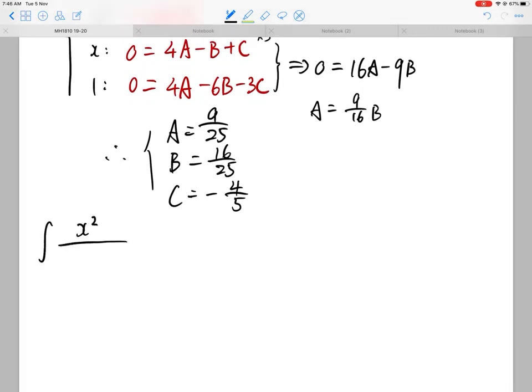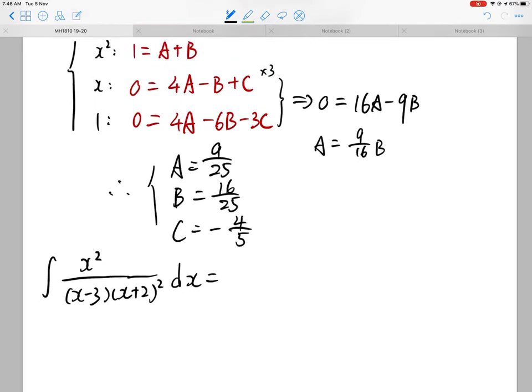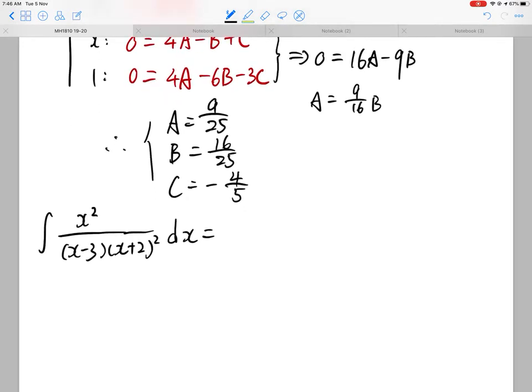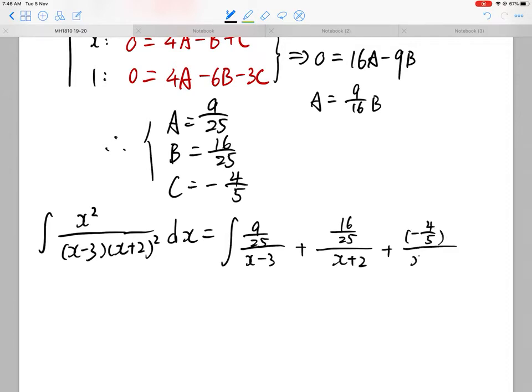The integration of this is just the integration of A over x minus 3 plus B over x plus 2 and plus C over x plus 2 squared.